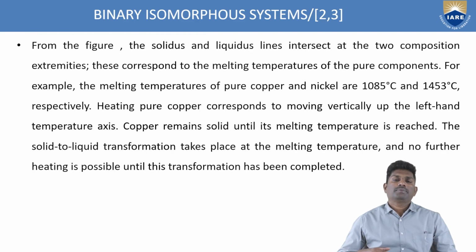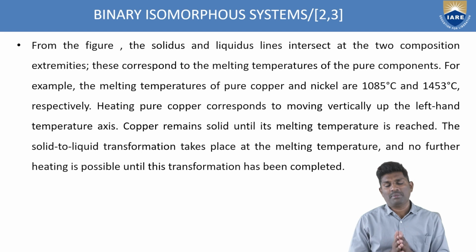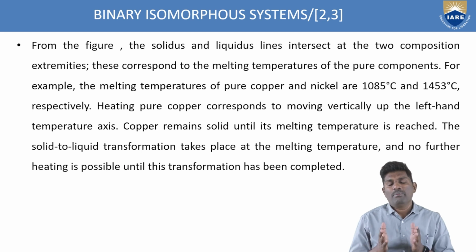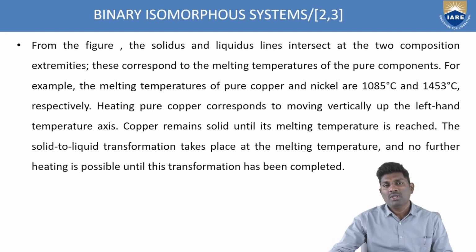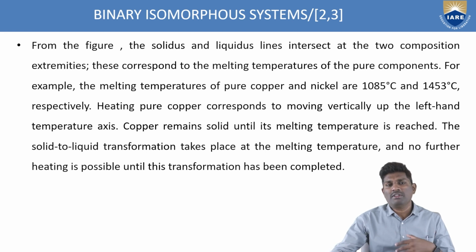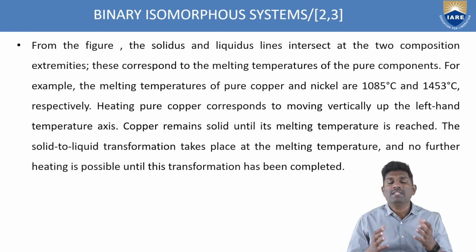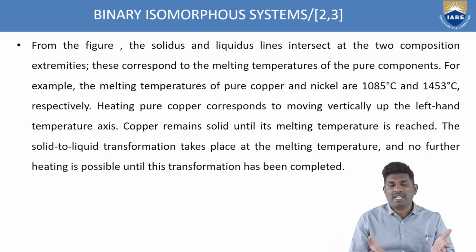So if you take any type of system, any type of material, each material will have its own physical and chemical properties, and it has its own microstructure. Now when it is changing from one phase to another phase, what happens? During the phase transformation, there is a change in the microstructure, and also there is a change in the properties of the material. So how do you get all this information? With the help of the phase diagrams only.